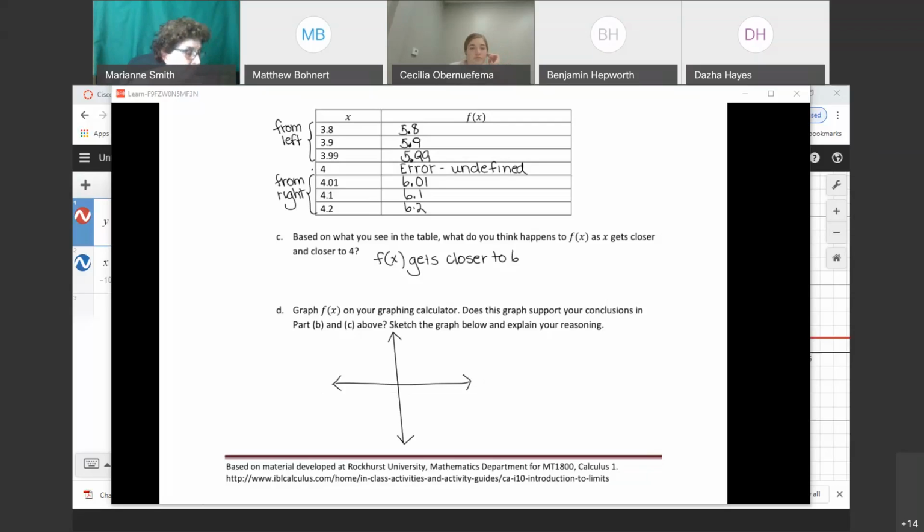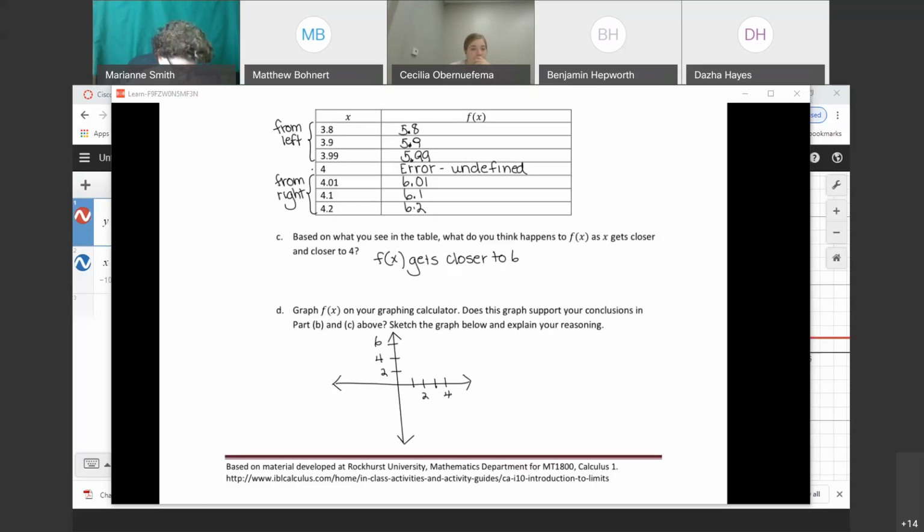All right, so here is my graph. Let me put some values here. Here's 4, here's 2. I'm going to make this a little bit smaller because I don't have a lot of room here.